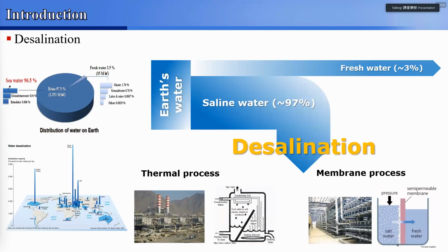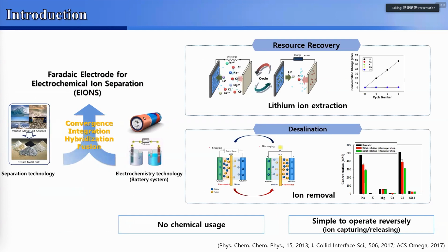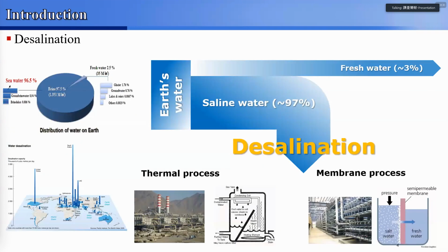And also, water is an essential resource for our life, such as washing, drinking, and farming. However, above 75% of water is saline water, so it is required to desalinate for sustainable freshwater supply. There are two main conventional desalination technologies.